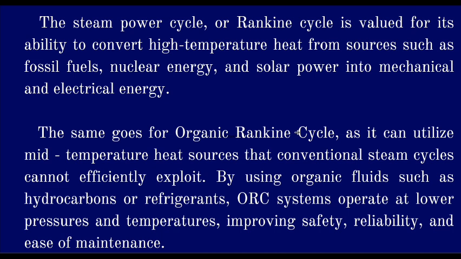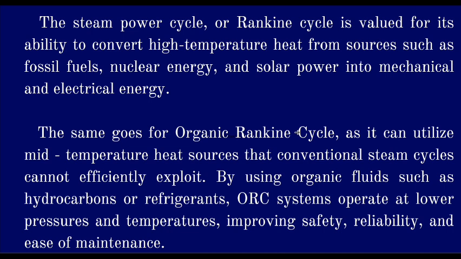The same goes for the organic Rankine cycle, as it utilizes mid-temperature heat sources that conventional steam cycles cannot efficiently exploit. By using organic fluids such as hydrocarbons or refrigerants, organic Rankine cycle systems operate at lower pressures and temperatures, improving safety, reliability, and ease of maintenance.